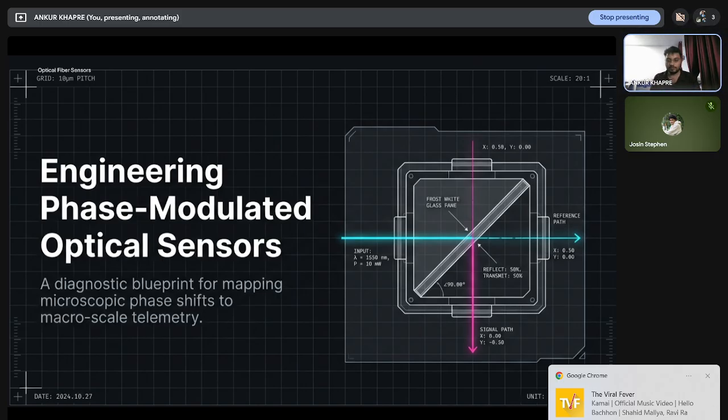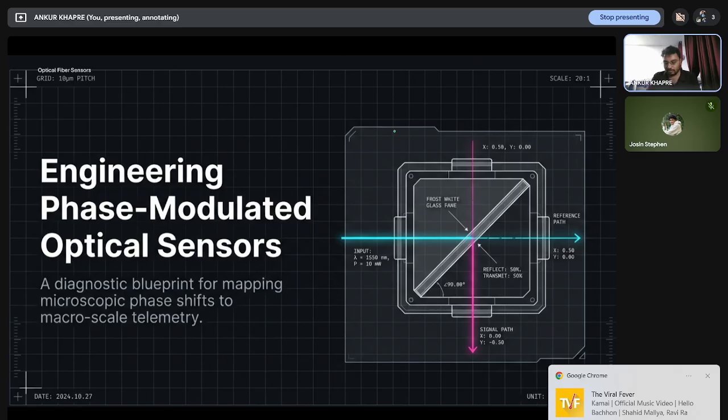Moving towards this topic, where we are discussing the phase modulated optical sensors. As you know, photodiodes don't really care about the phase. They only detect the intensity, if you talk about the ADC conversion.